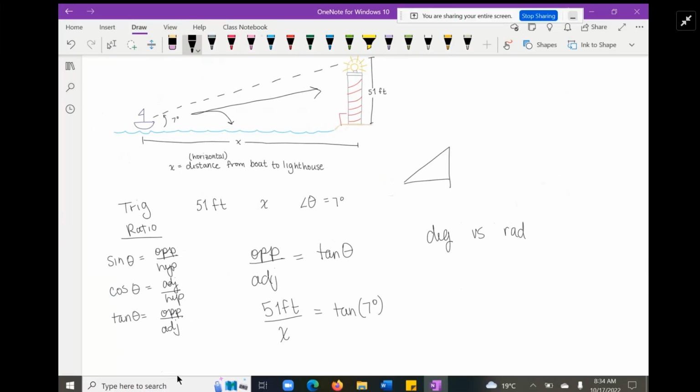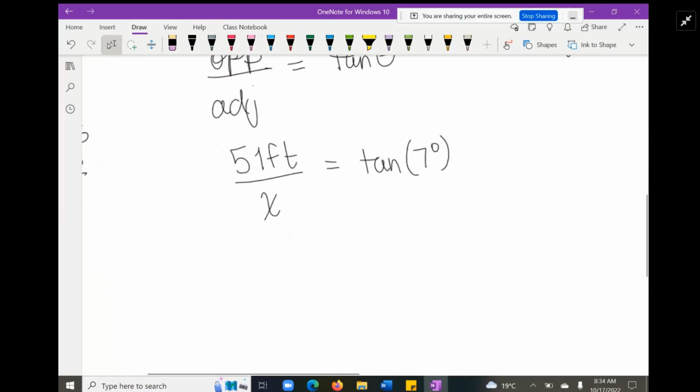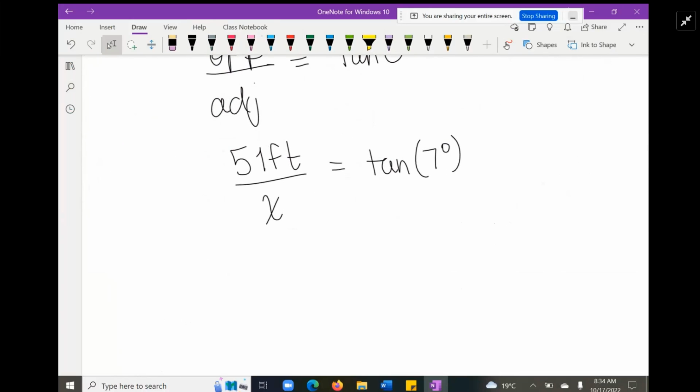All right, so now that we have the initial step of our setup, now we just have to work through it algebraically. So we have 51 feet over x, also in feet, equal to tangent 7 degrees. So now we have to isolate x, because we can't necessarily see what x is in that position, right? So we're going to start off by simply multiplying both sides by x.